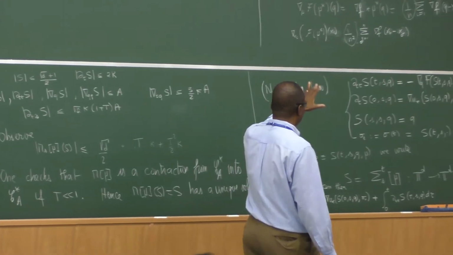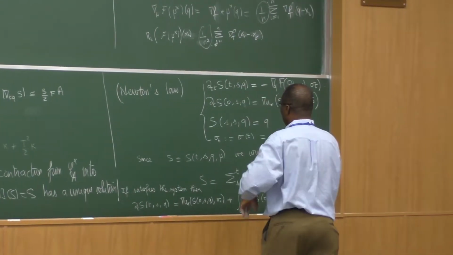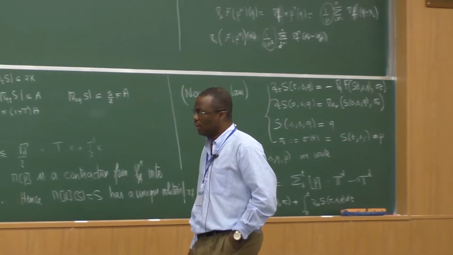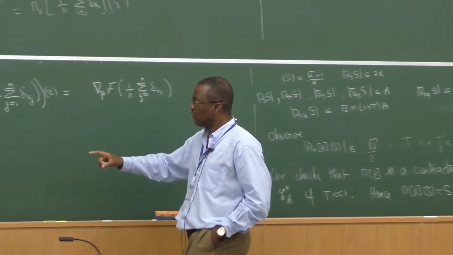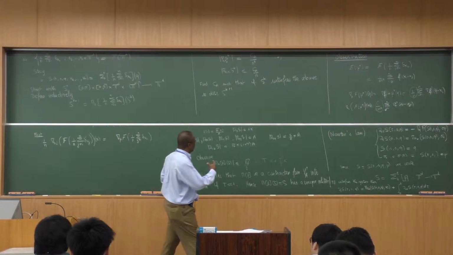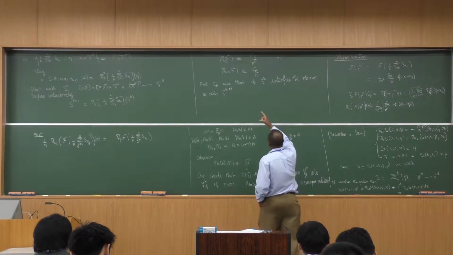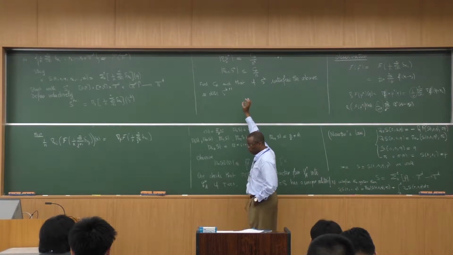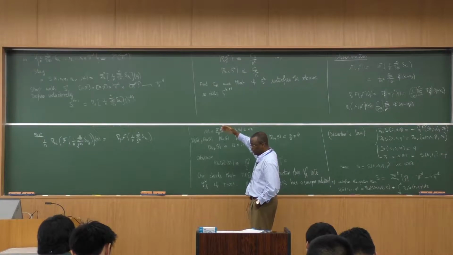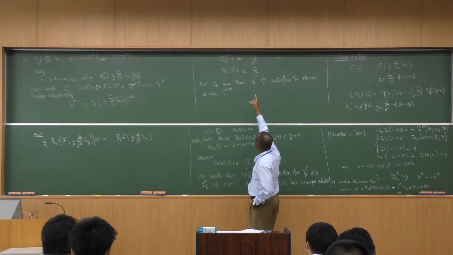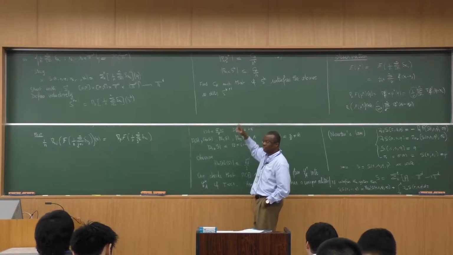So this is not an accident. The relation between the Wasserstein gradient and the classical gradient produces 1 over n in front. And so this tells you that if you want to have a bound which is independent of mu, the correct estimate will be a constant divided by n squared.